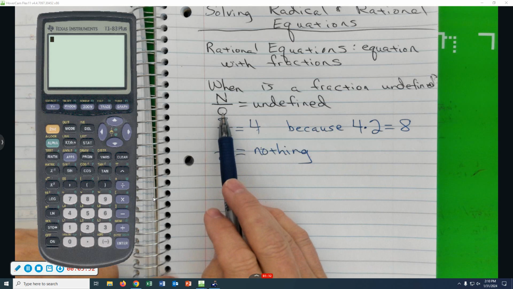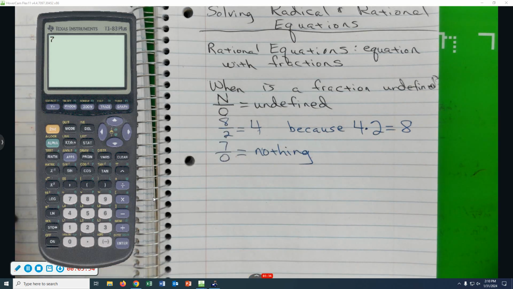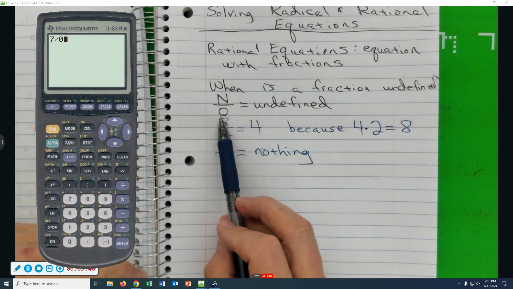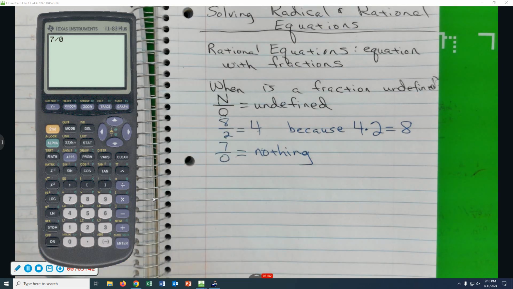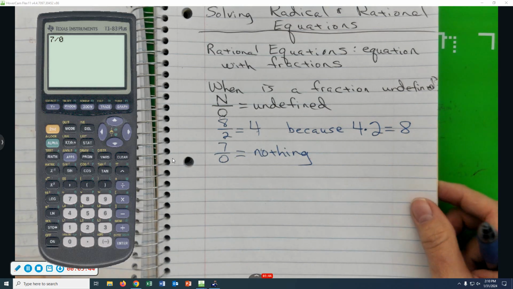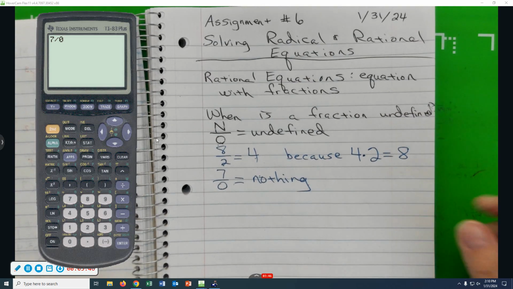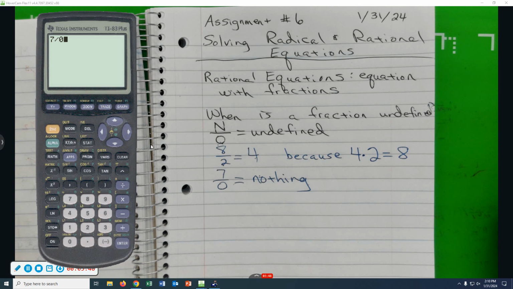So that's one thing we have to do. Once we solve these equations, we have to verify that we don't get a denominator of 0. Sometimes students don't believe it till they see it on a calculator. 7 divided by 0, look at this error message you'll get. Error, divide by 0. There are 2 error messages you'll get on a calculator like this. One is division by 0.